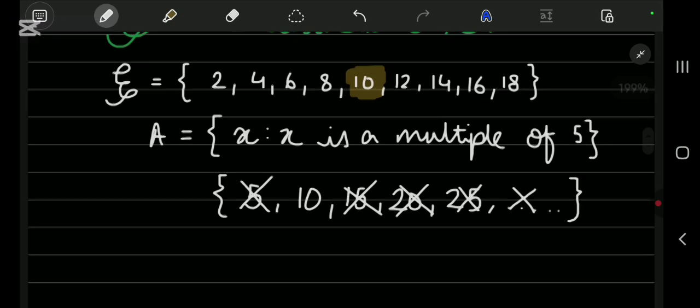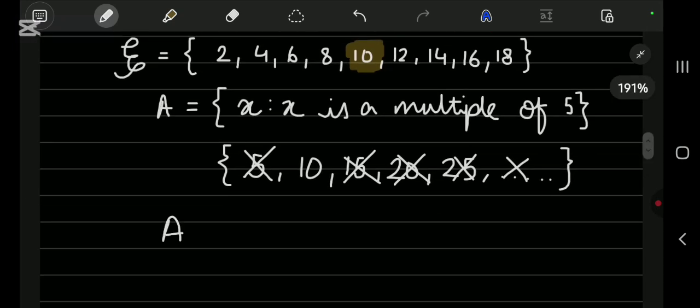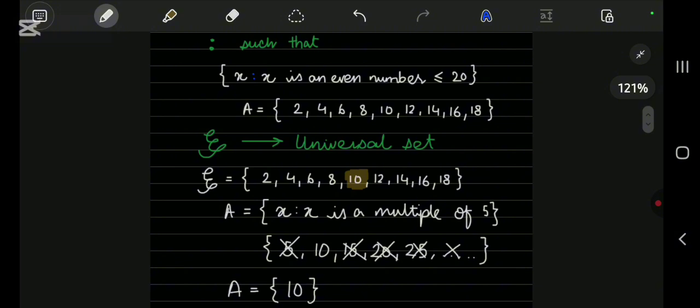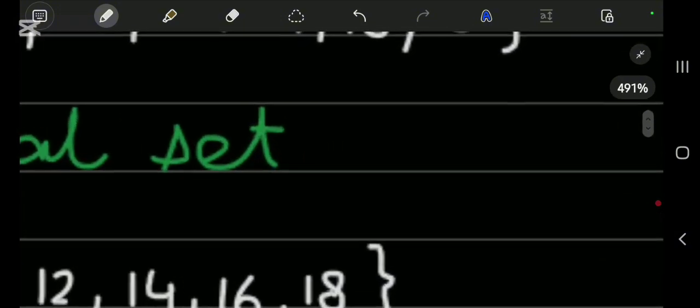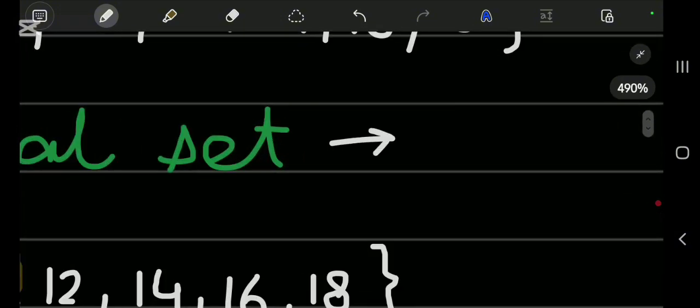Okay, and your set A in this particular question would be the multiple of 5, meaning 10, that exists in your universal set. I hope this makes sense, what a universal set is. In simple words, or in your own terminology, you may say that it is the universe of this question.